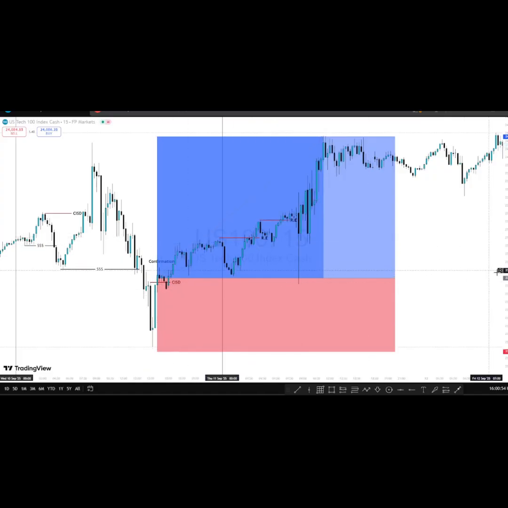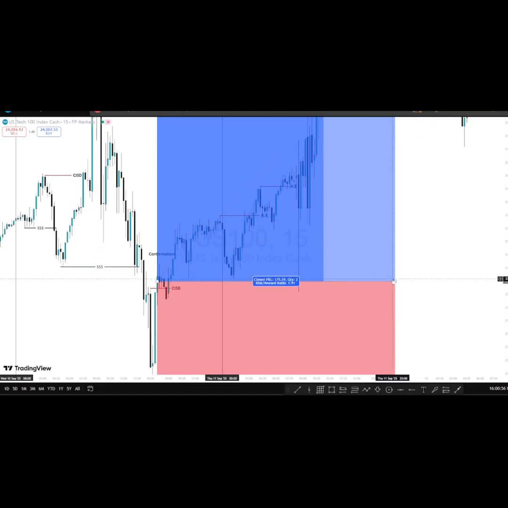And that was not the only inverted fair value gap. When you open the 30-minute candle, you will notice that we have another inverted fair value gap between this down close and this up close. That becomes a balanced price range or an inverted fair value gap.